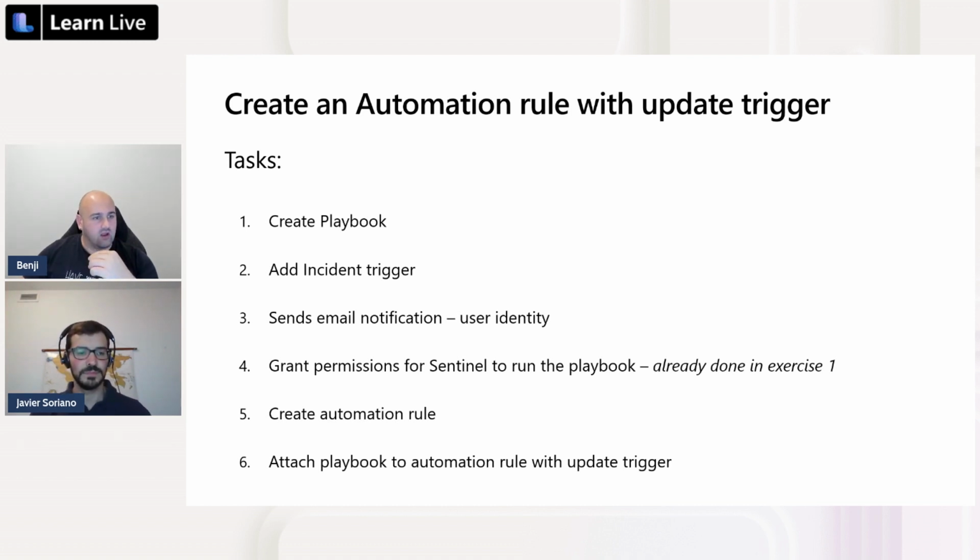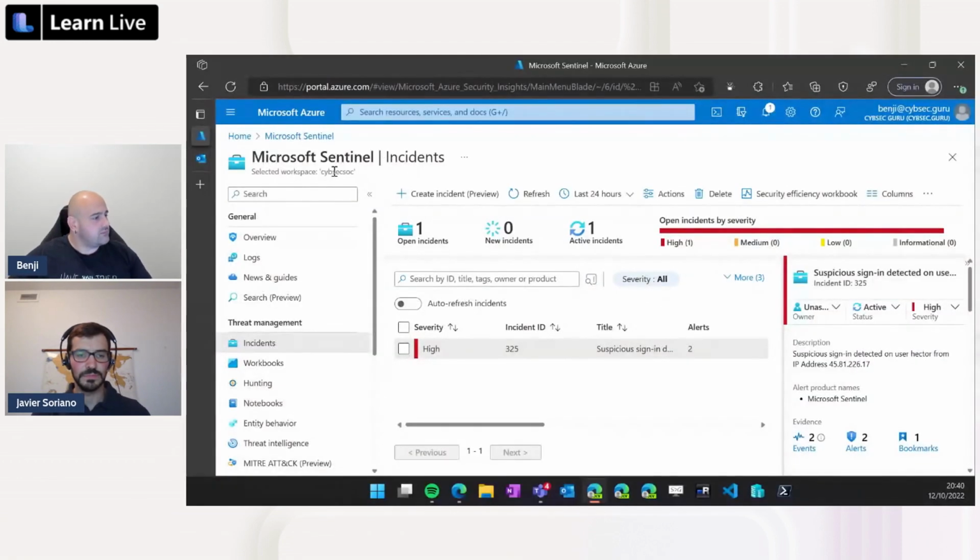We will again grant permissions to Sentinel to run a playbook. This is already done in exercise 1, but if you didn't do it, you need to do it. We will create automation rule, attach our playbook to automation rule with update trigger, and actually show how you can run that automation rule. So let's go and create our playbook.